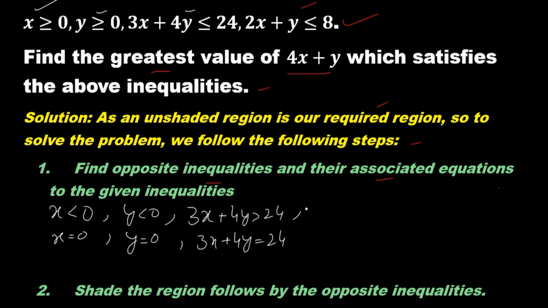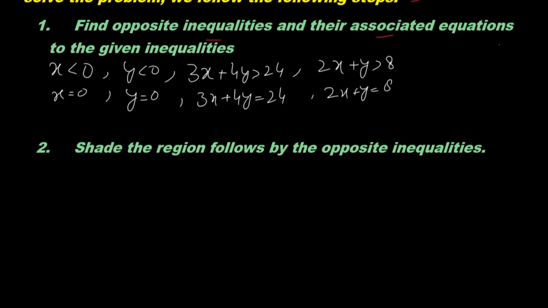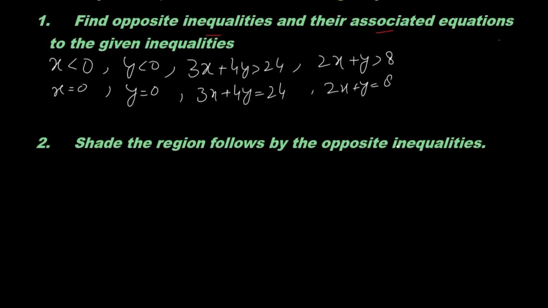The last one is 2x plus y greater than or equal to 8, and its boundary line or associated equation will be simply the equation 2x plus y is equal to 8. This is our first step. What is the second step? Shade the region followed by the opposite inequality.